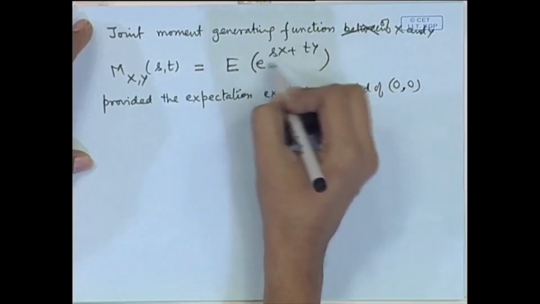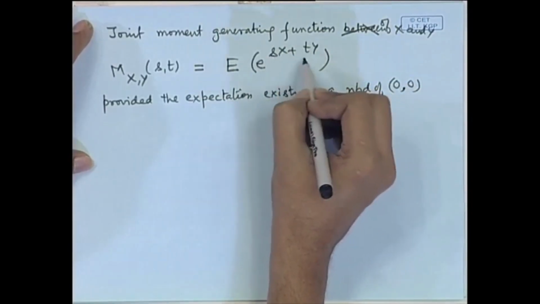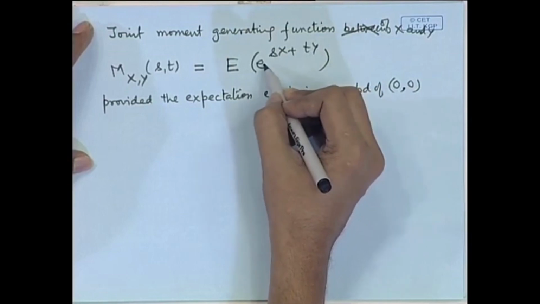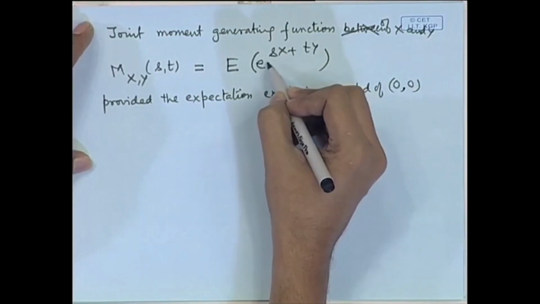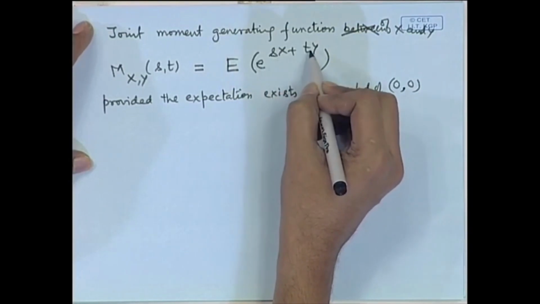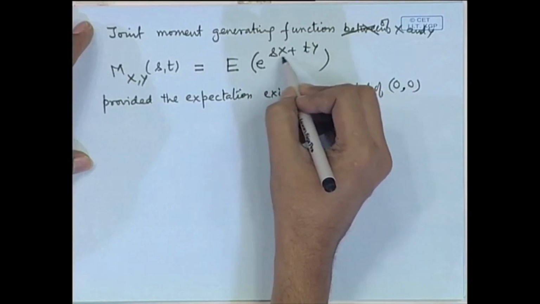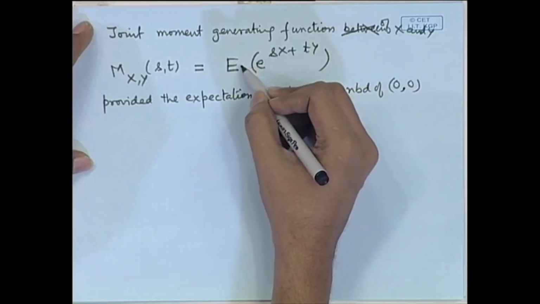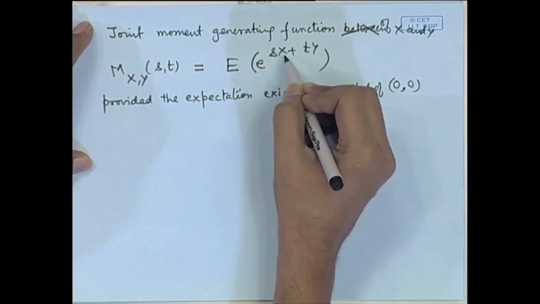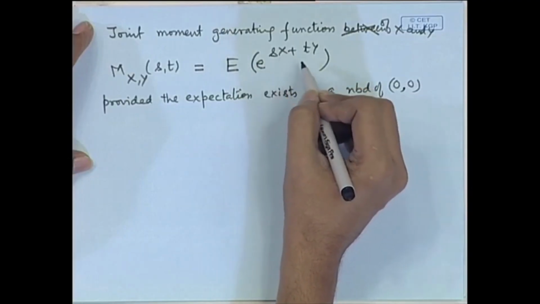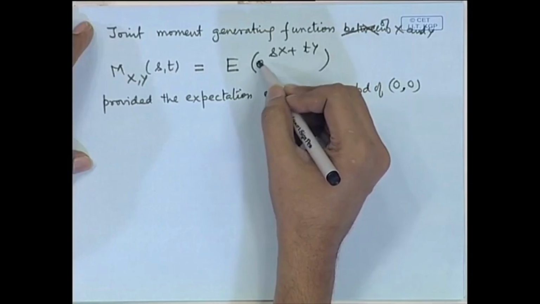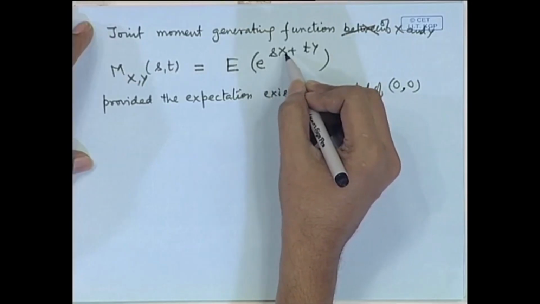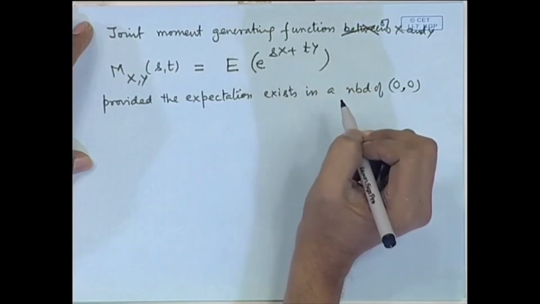Now, the nature of this term is nice, it suggests certain properties. For example, it is equal to expectation of e to the power s x into e to the power t y. So, the first thing that we observe is that if the random variables are independent, it will become the product of the expectations of e to the power s x and e to the power t y, which are nothing but the individual moment generating functions of x and y.